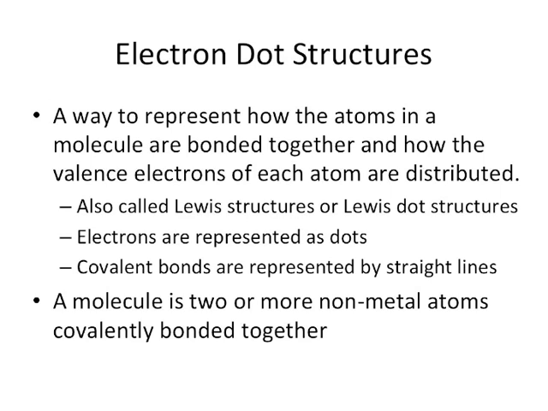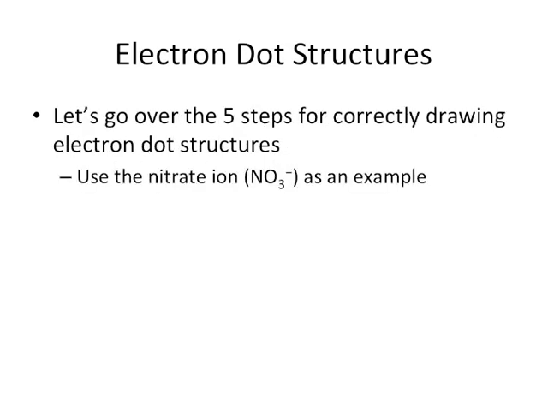It's important to note that electron dot structures are generally only used to represent the structures of molecules. Molecules are two or more non-metal atoms which are covalently bonded together. So ionic compounds or metallic compounds are generally not represented using electron dot structures.